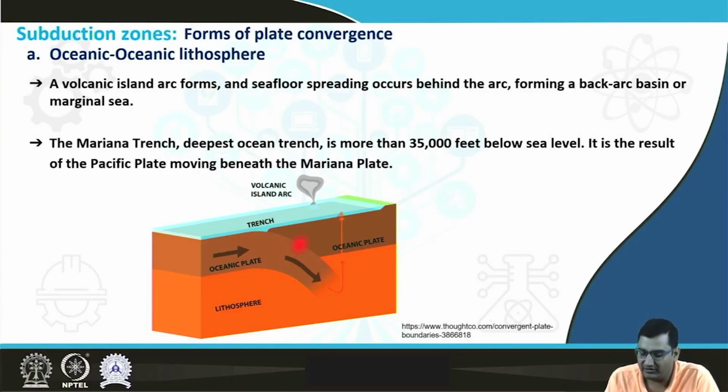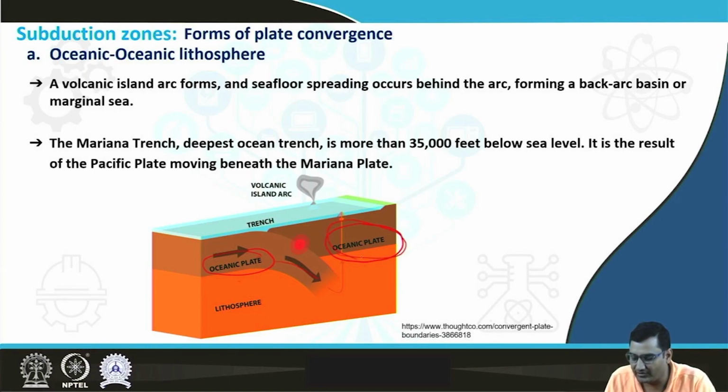In this particular kind of subduction or convergence, volcanic island arcs form, and behind them seafloor spreading occurs, and that basically forms a back arc basin or marginal sea. So you can see this subducting slab, this is one oceanic plate here, and another oceanic plate is here, and this oceanic plate is sinking down beneath the other oceanic plate.